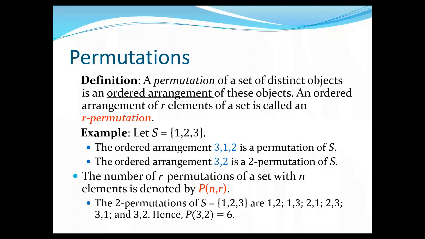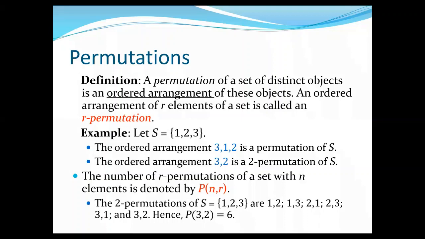But in case we just want to get two elements from set S, one example is 3, 2. Don't forget, 2-permutation means 2 elements that you get from the set S to create a pattern.